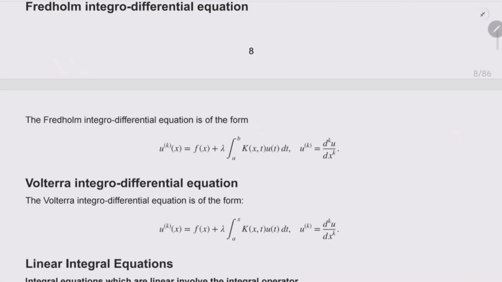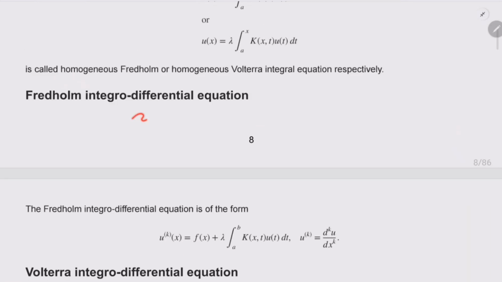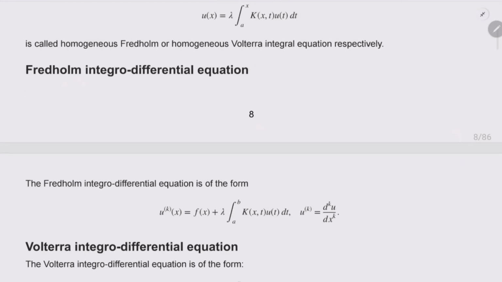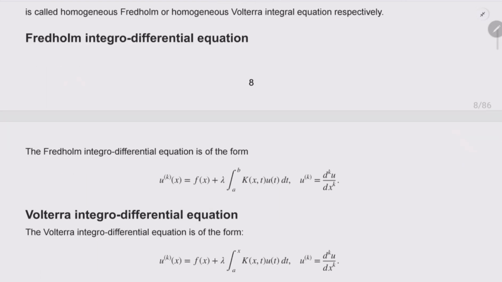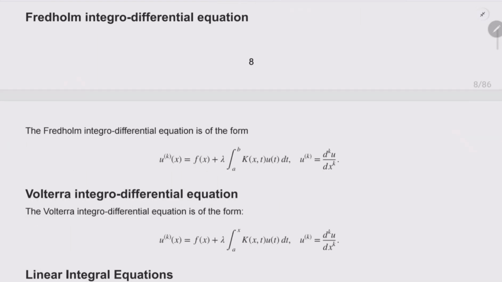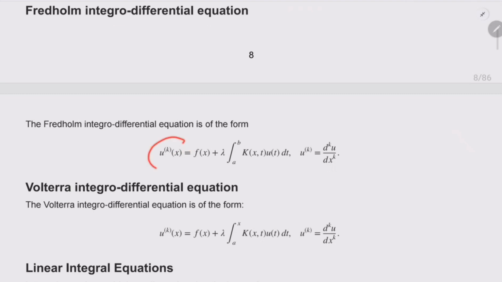Next, we have Fredholm integral differential equation, which we already talked about in our previous lecture. On the left hand side, we have a derivative, and on the right hand side, we have integration. Since it is a combination of derivative and integration, it is called integral differential equation.